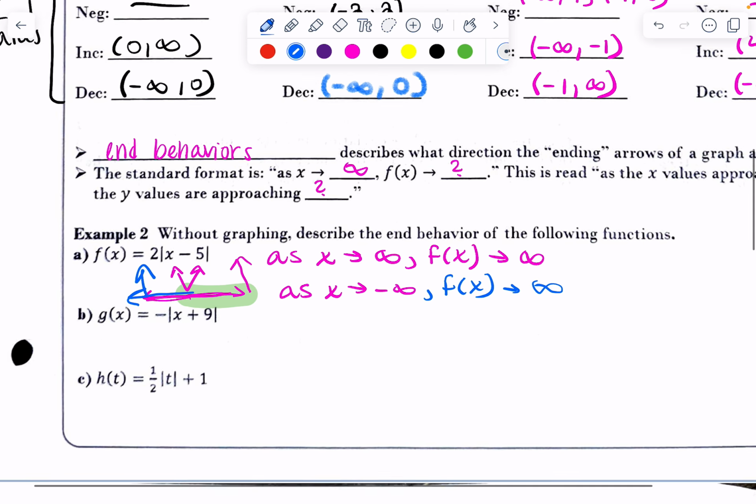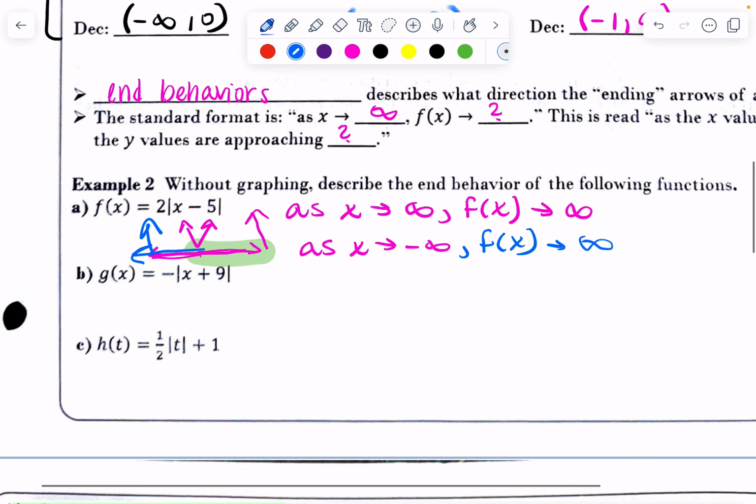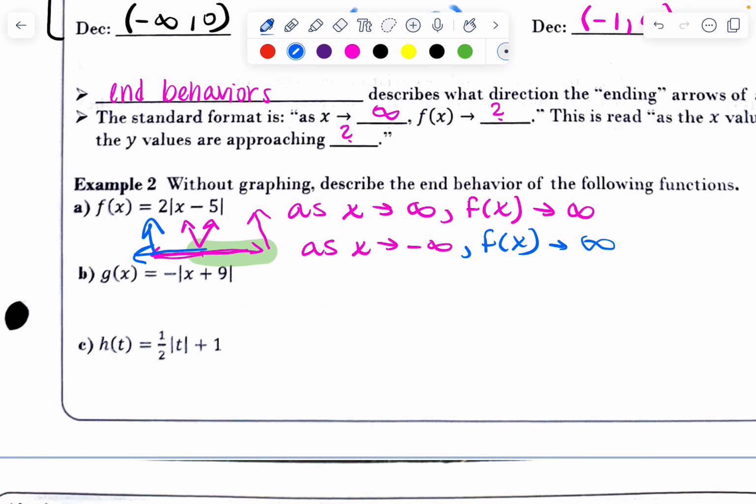Okay. This is when we reflect. So our reflection reflects it down because it's the x-axis. So let's talk. As x approaches both positive and negative infinity, we can strongly say that for g of x, we know that the y values are going down for both.